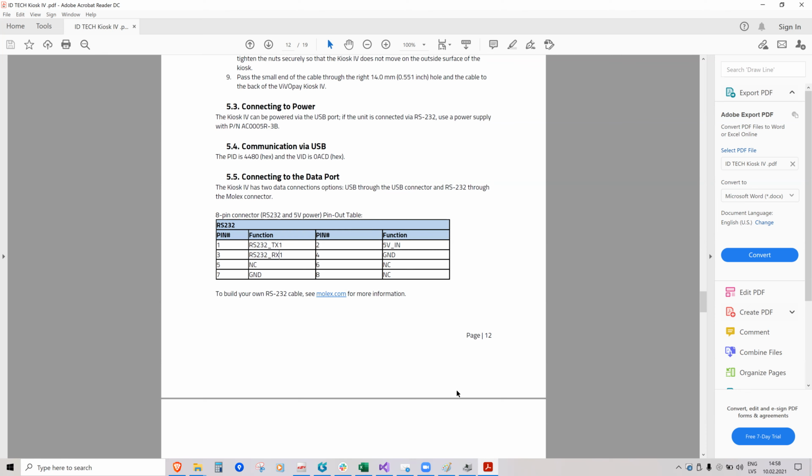So the correct way to write is, this is the TX pin through which the device sends out the data. This device should send out data through pin 1, and through pin 3, it should receive data. But unfortunately, the manufacturers have mixed these names up.